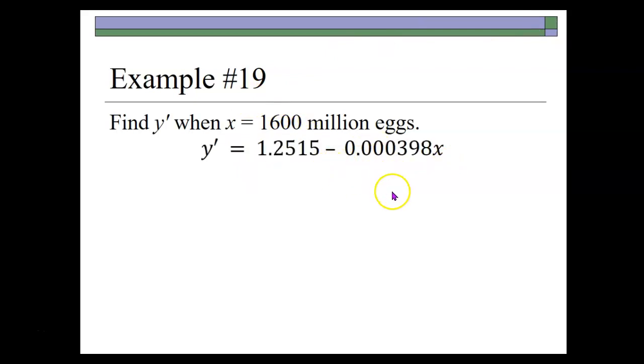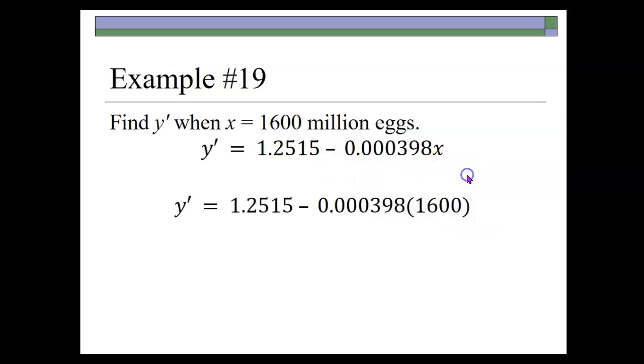So we take that equation, we plug in 1600 for x, and we do the calculations. 1.2515 minus 0.000398 times 1600 comes out to be 0.6147. So that's around 61 cents for a dozen eggs.